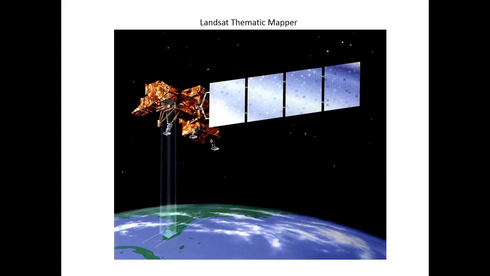So every 16 days, that satellite comes across the planet, takes a square picture, and downloads that back to the Earth, and we have this incredible archive of data from 1984 to present to access. And so we were able to access all this data, and by the way, it's made available and it's free for folks to use to build our models from.